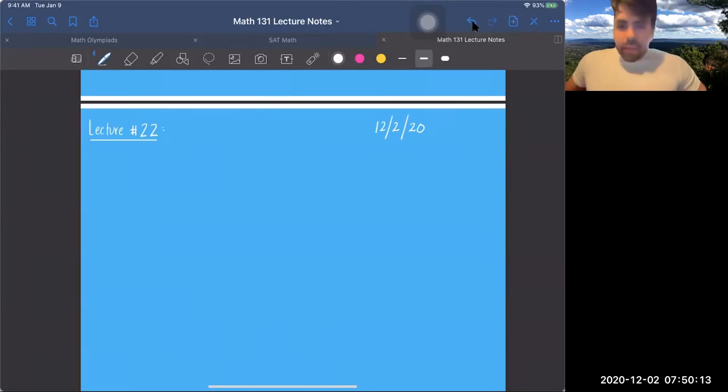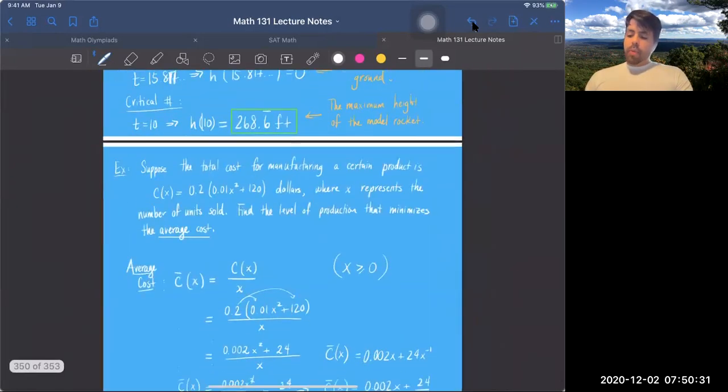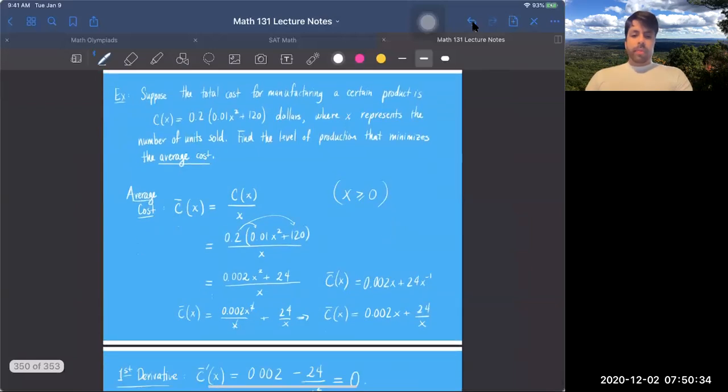And a lot of this stuff, guys, is going to be a lot more word problems than before. When we talked about absolute max and min, we were given a function and an interval and we figured out what's the highest point, what's the smallest point. And then we kind of ventured into more word problem based problems with absolute max and absolute min.